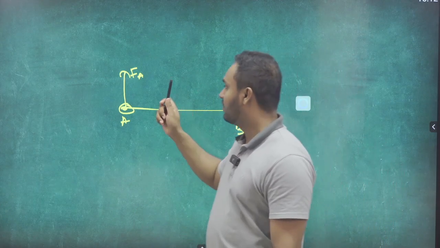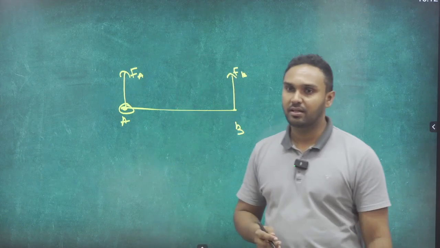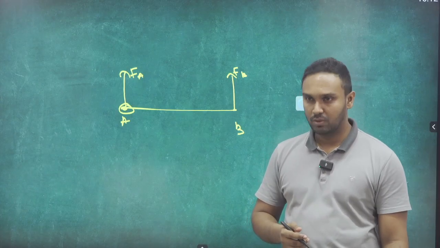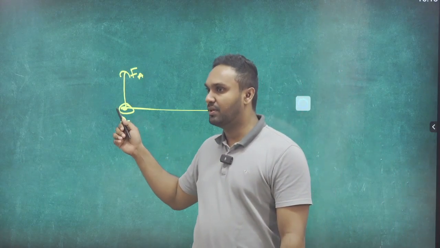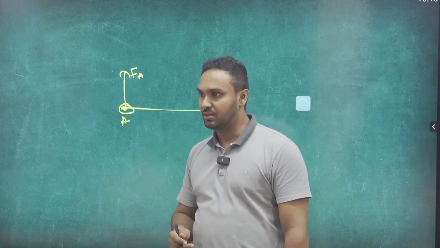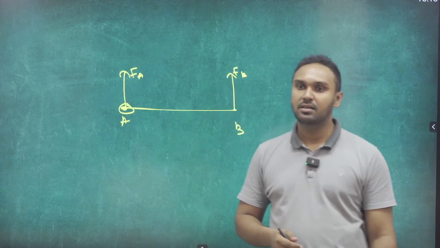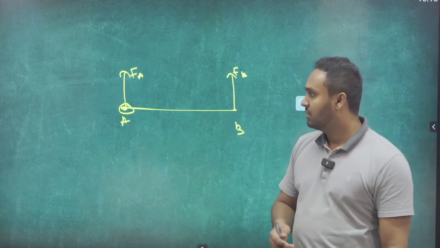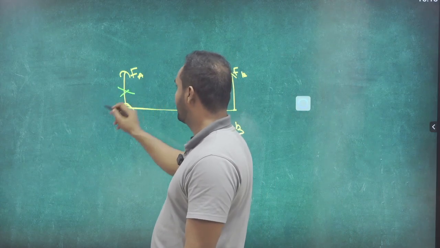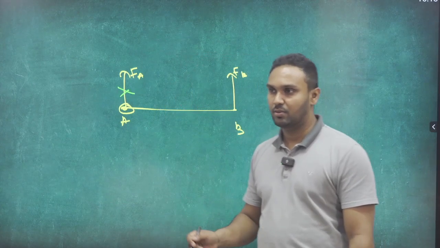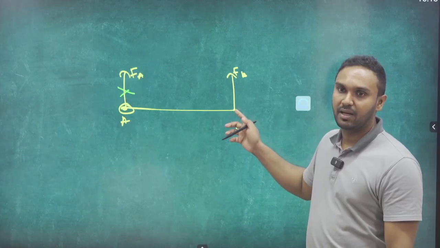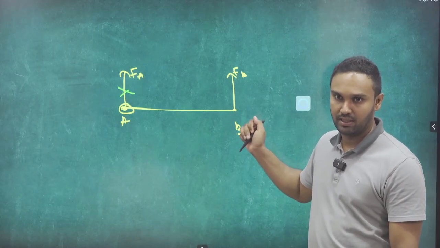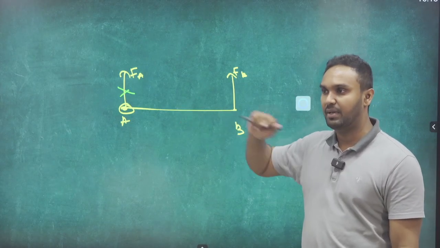Would the force acting on the pivot point affect the circular motion or the rotation? No, right? Because there is no distance from the pivot point to the FA force, so there is no rotation. So we can cancel this out, right? So only the torque is affected by the FB force, not the FA. FA can be cancelled out.